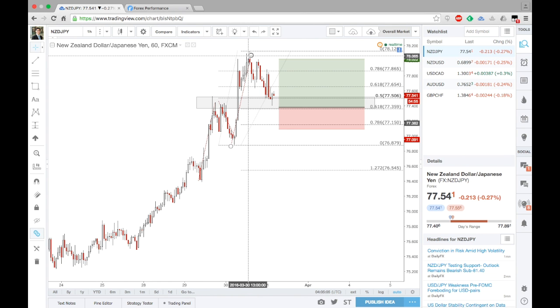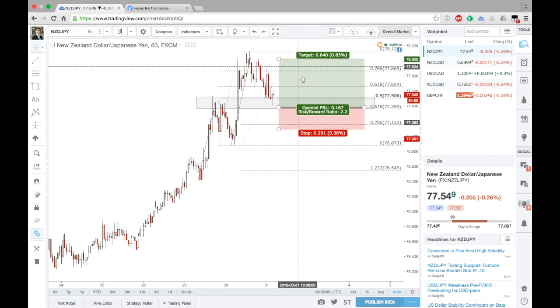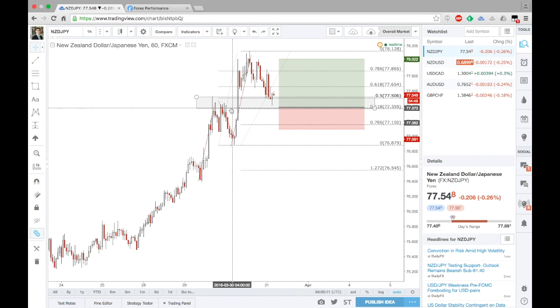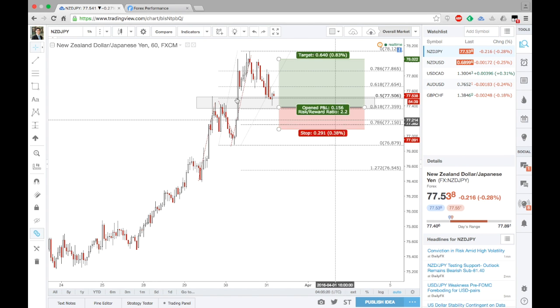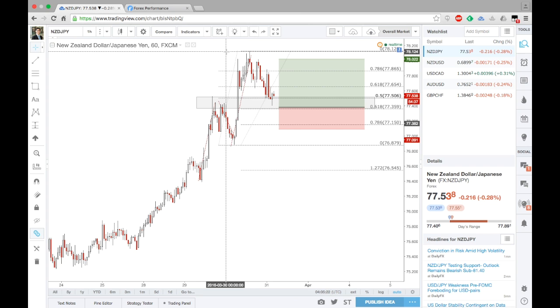Once you have identified the 1, 2, 3, 4 points, you pull in your Fibonacci tool to find confluence with your previous structure. My entry will normally be at the 618, conservatively. Stops below 786, and my target will be at the previous high.